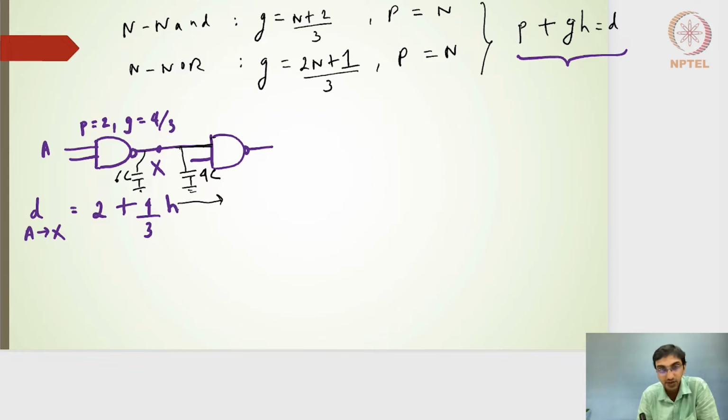So this H value, the electrical effort or fan-out, is nothing but whatever is loaded from the second stage, the load capacitance, which doesn't include its own parasitics.